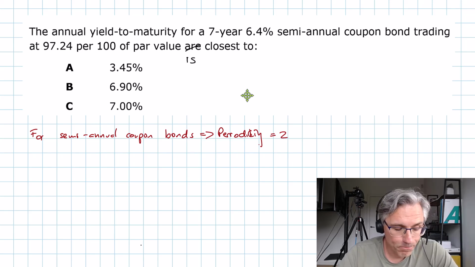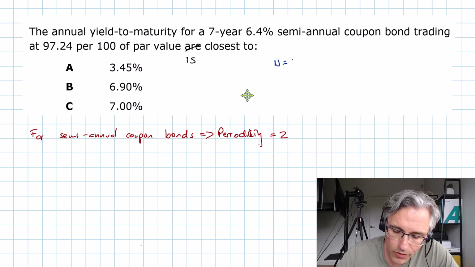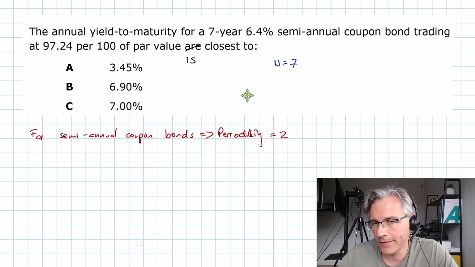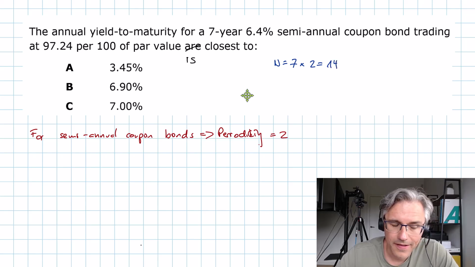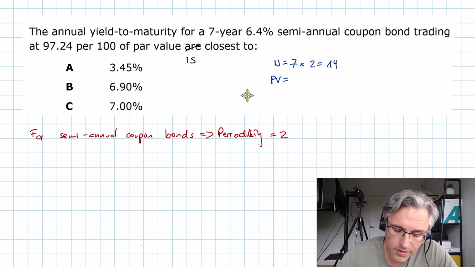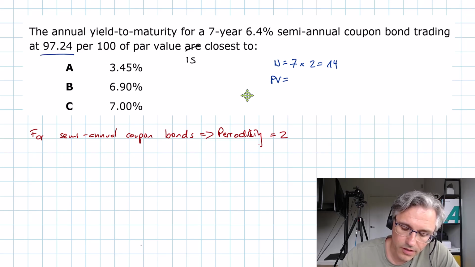Now, in order to do this on the calculator, you have to input the following things. For N, it's a 7-year bond, but because we're thinking in terms of semi-annual periods, you multiply that 7 by 2, so you input 14. Now for PV, the present value, the price, you just take this 97.24, but make sure to make it negative.